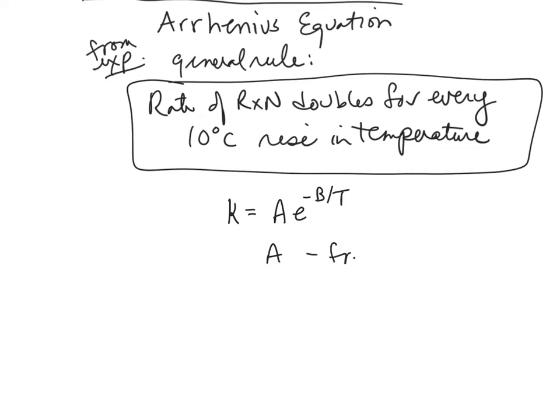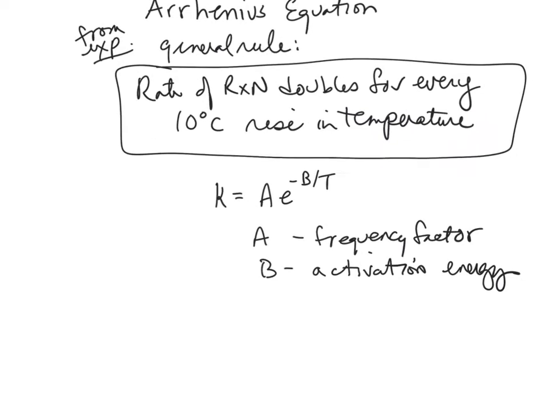Nowadays we know it to be the frequency factor having something to do with molecular collisions. It's a constant for each reaction. B has to do with the activation energy we know today. Back then it was just a constant.